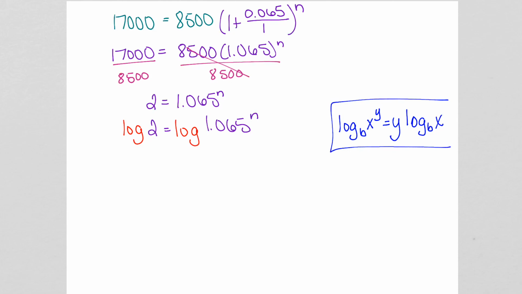And so the nice thing here is that we've still got log of 2 on the left side, but on the right side we can take the n and put it in front of the log of 1.065. Now, how did that help us? It allowed us to have n being multiplied, so we can very easily divide both sides by log of 1.065, which is just a number.